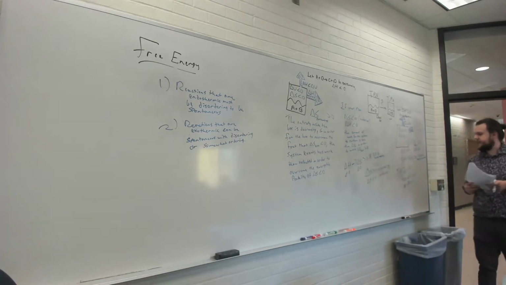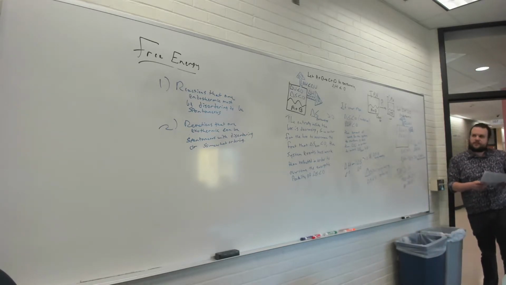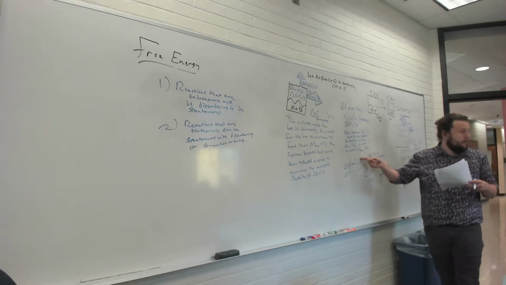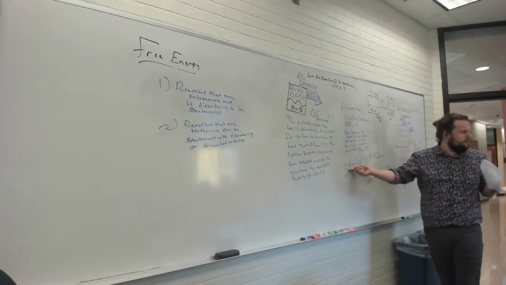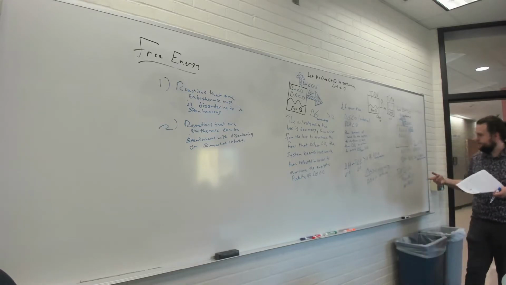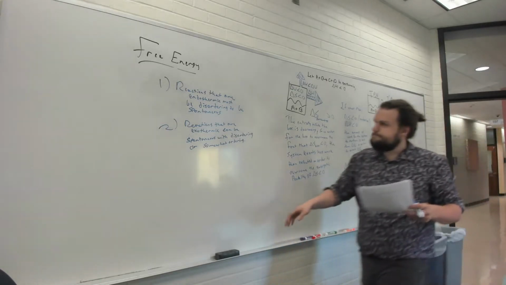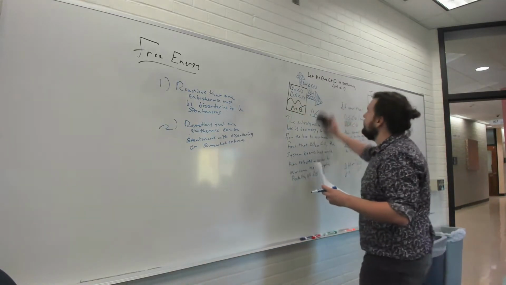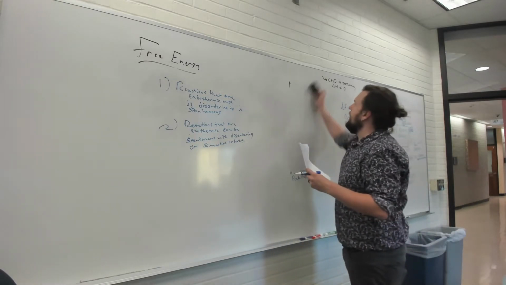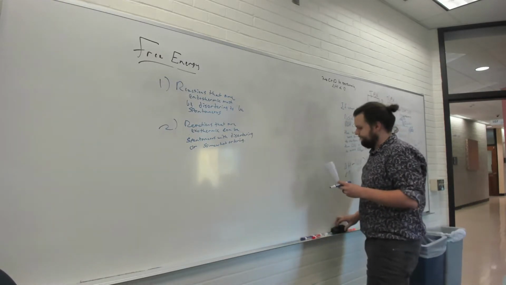What that means is that the system, after it's paid its entropic toll and released or absorbed energy from the heat, is there something left over? So let me write that down here. Now this has been a little haphazard, but it'll all come together.